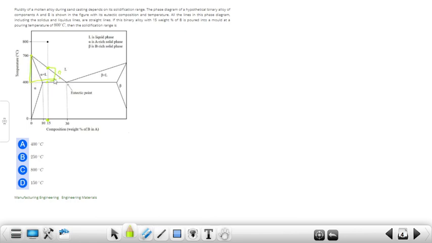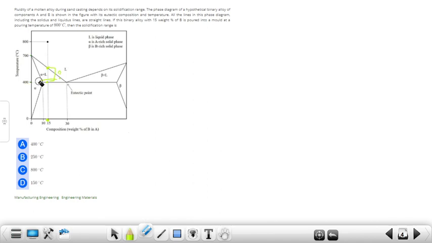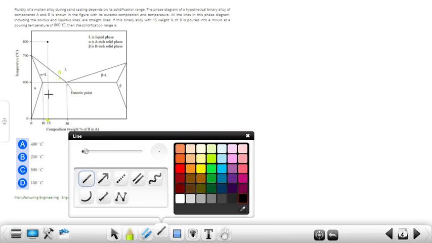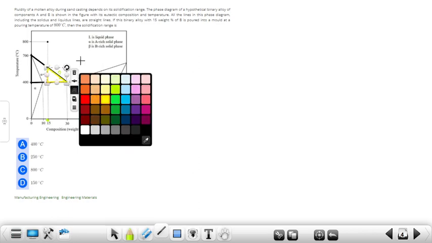So this is the triangle one, and next this is the second triangle.